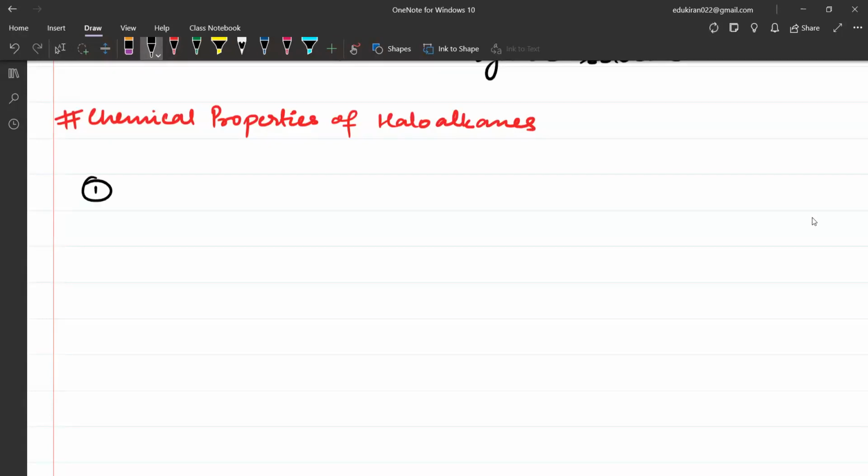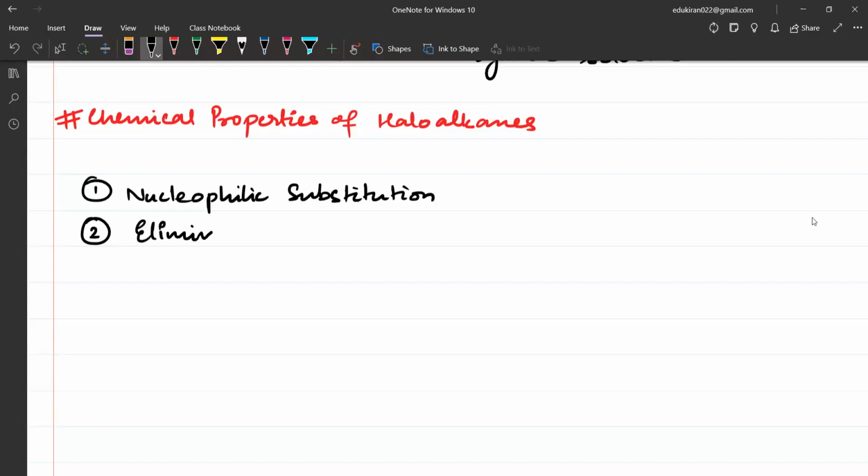Number one is nucleophilic substitution. Secondly, elimination reaction. And third is reaction with metals.